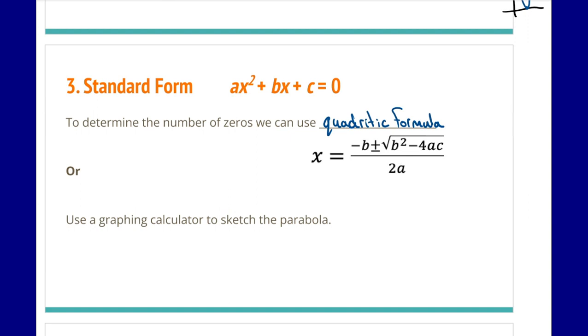Or we can open up a graphing calculator and try to sketch the parabola based on the equation. Again, we may not always have a graphing calculator available, so let's look at the quadratic formula, because we can plug our information in, solve, and see what answers we get.